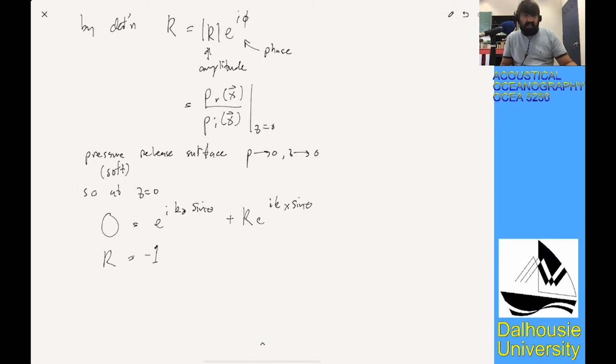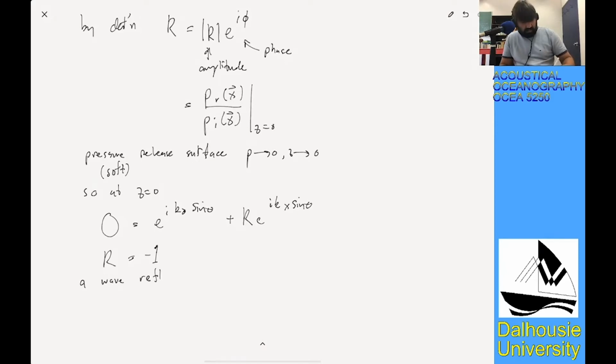It's basically telling you that if the pressure goes to 0 at the interface, you have a perfectly reflecting mirror. Essentially, you have an acoustical mirror where the sign of the amplitude is switched, right? Okay, so we better write that down just to keep it hard in our memory.